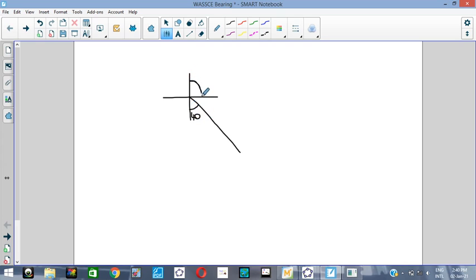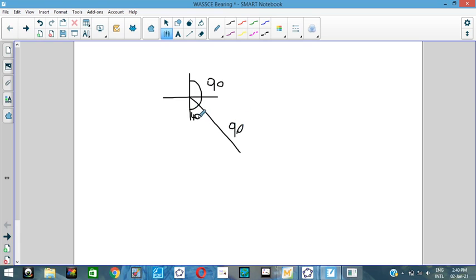You have your 90 plus the remaining angle. You know that each of these cardinal points is 90 degrees apart. So if this region here is 90, then this full region is also 90.